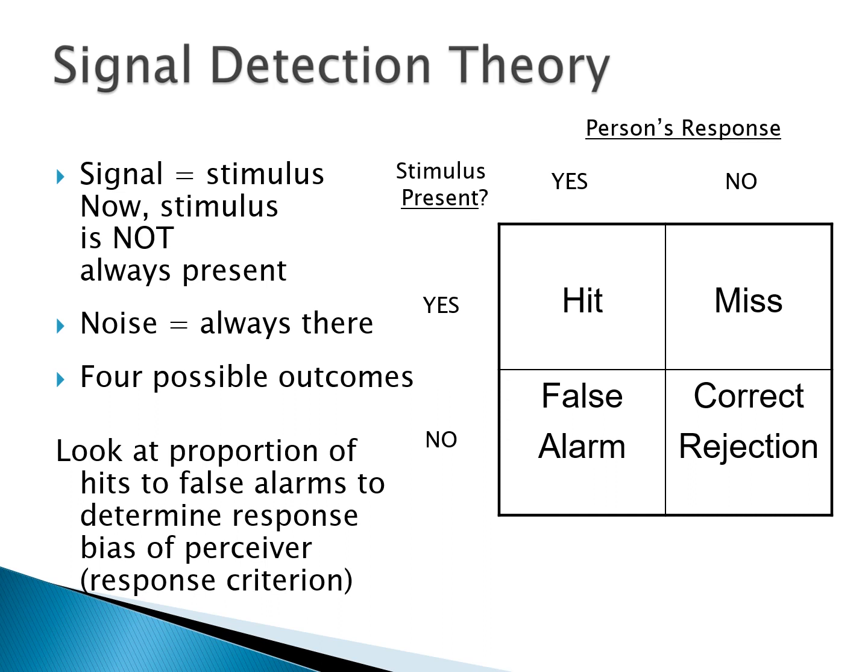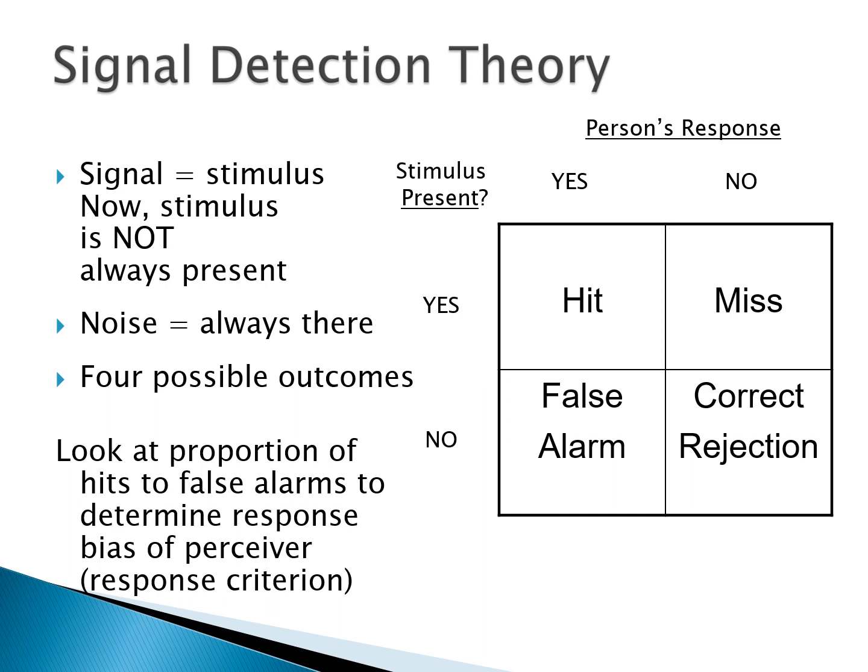We're going to choose some stimulus strength that we think is right around their absolute threshold, and sometimes it's going to be present and sometimes it's going to be absent. We know that noise is always there, that they always have this uncertainty, and they have differences in motivation. So we're going to see 4 possible outcomes.